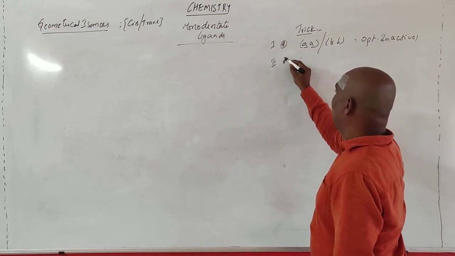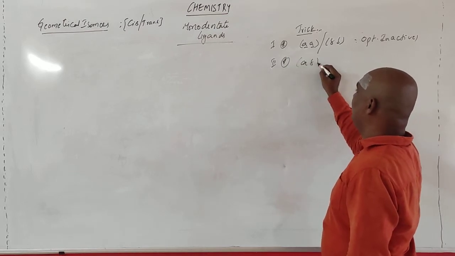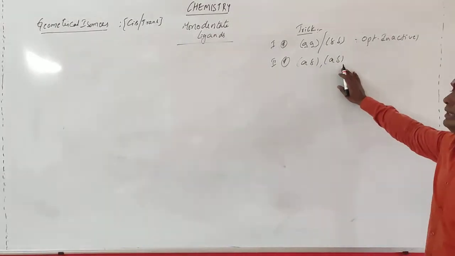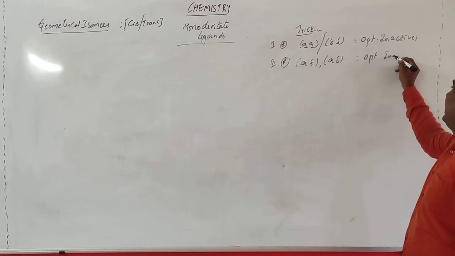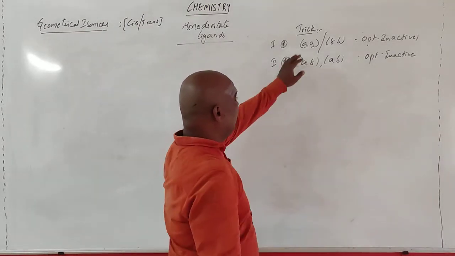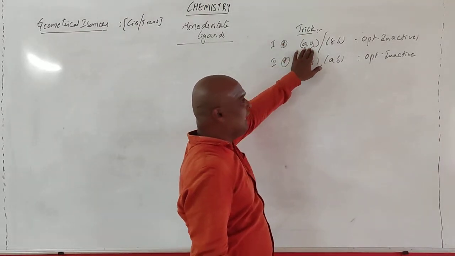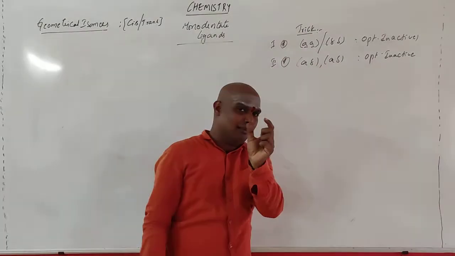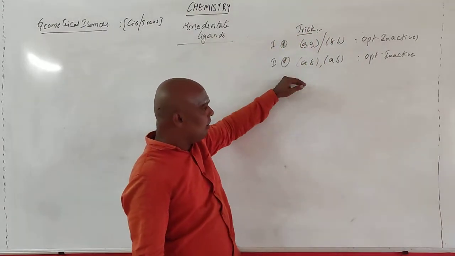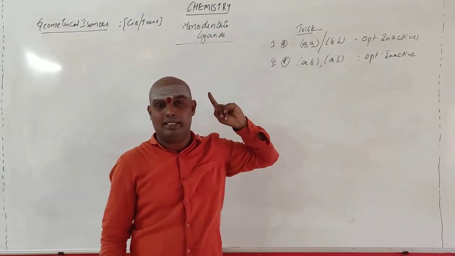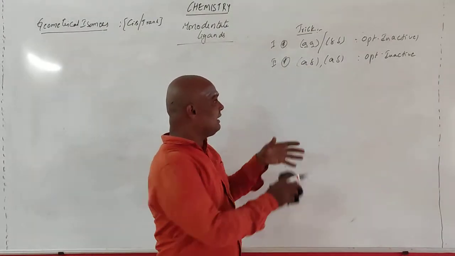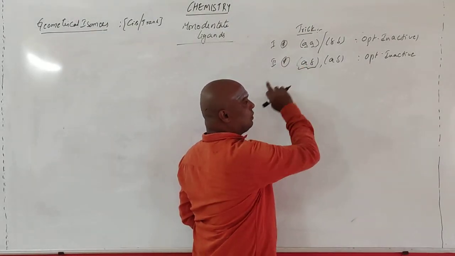Second condition: if a set is having AB, in a single set you are having two different ligands, and one more AB, you are having the same set twice. This entire thing is one set, and in this set these two are different.